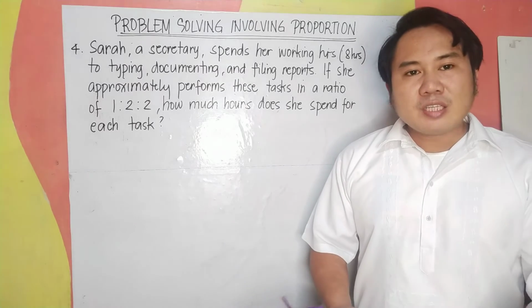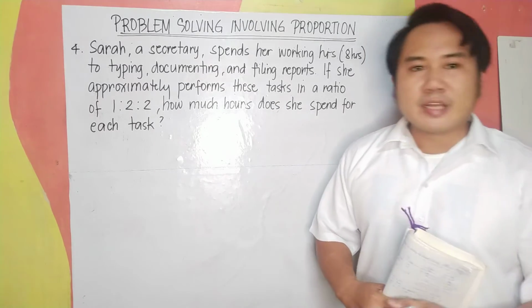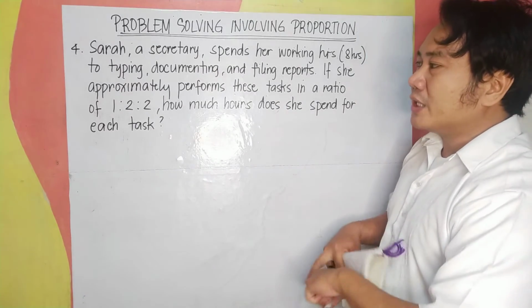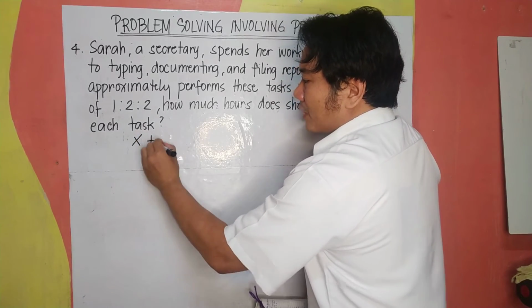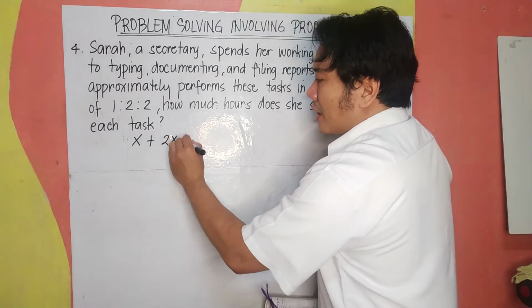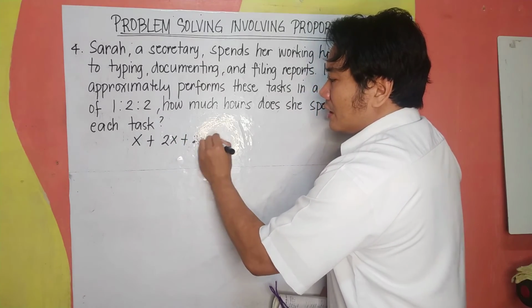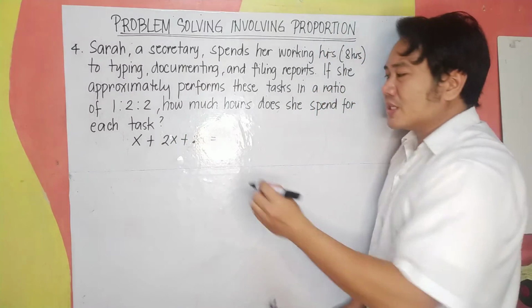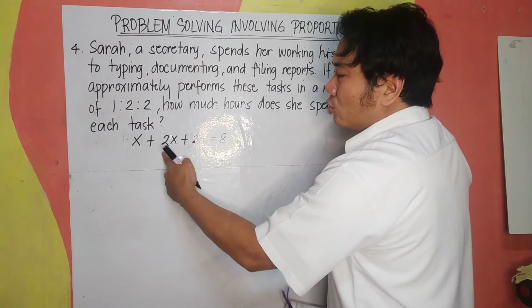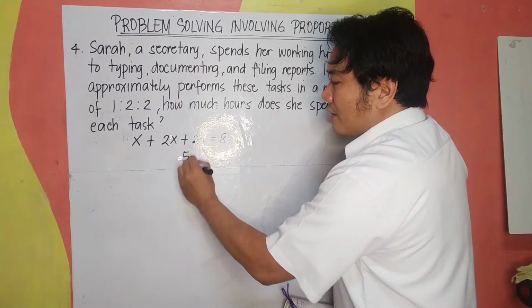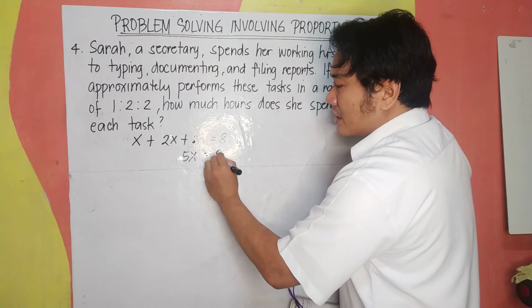Tapos, i-add natin yung individual ratio and then solve for x later on. So, the ratio is 1:2:2. So, that would be x plus 2x plus 2x equals the total number of hours given in the problem, which is 8 hours. And then, we will add 1:2:2 is 5x equals 8.